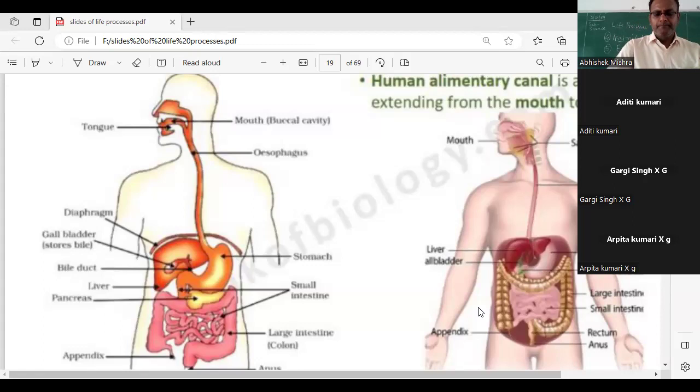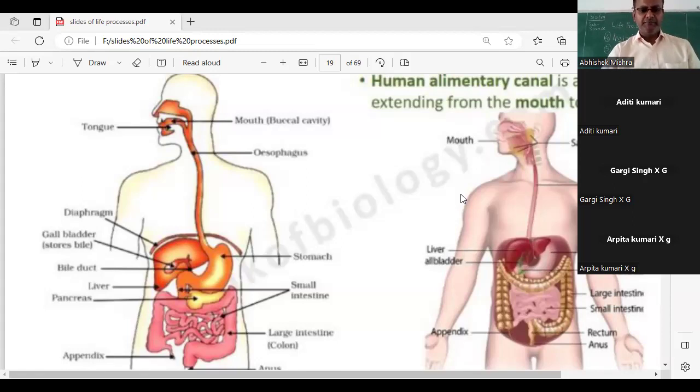Bile juice has two functions. Bile juice converts the acidic medium of the food into alkaline medium so that the pancreatic juice can act on it. And the second one is it brings about emulsification of fat. Okay, good.